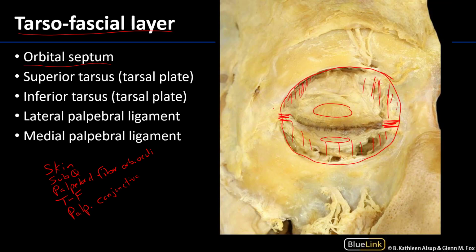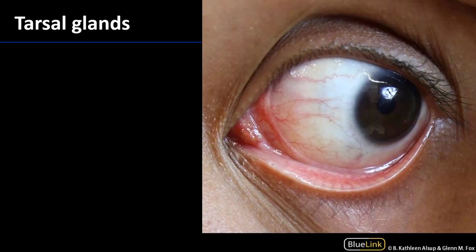And so this tarsofascial layer of the eye is supporting the palpebrae and allowing them to work to protect and to keep the surface of the eye lubricated. Also, embedded within the tarsofascial layer are tarsal glands, and these tarsal glands have pores along the outer margins of the palpebrae, and some of these you can see quite well.